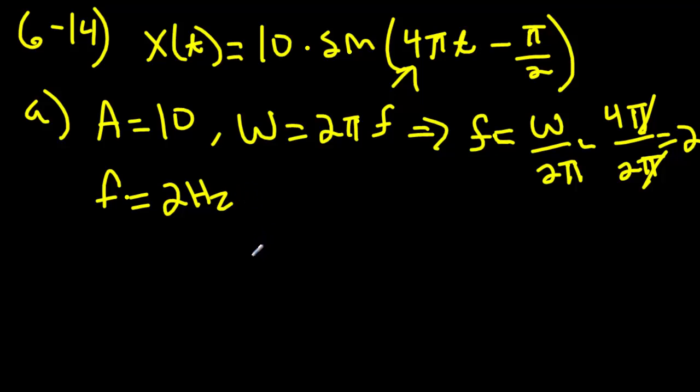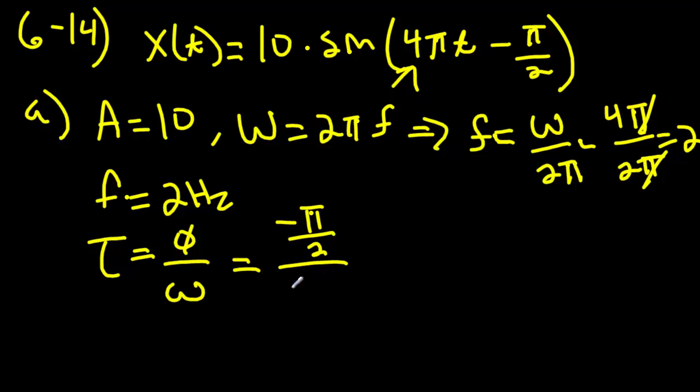The next part of this asks for tau, or our time shift. And tau, we said, was our phase shift over omega. So this is just equal to negative pi over 2 divided by our omega, or angular frequency, which we said before was 4 pi.